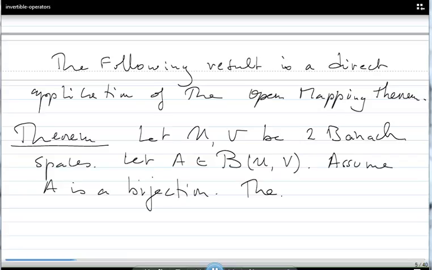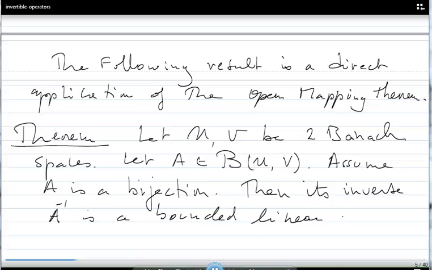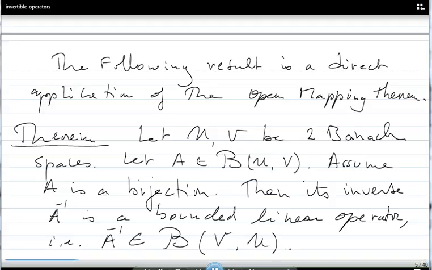Then its inverse is a bounded linear operator, which means that A inverse belongs to B, but be careful, the A inverse goes the other way around, from V into U. Okay?